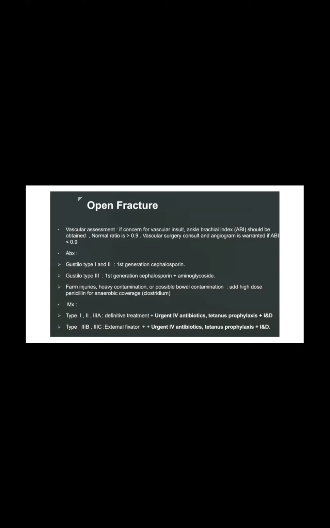For types 1, 2 and 3A, definitive treatment is urgent IV antibiotic, tetanus prophylaxis and irrigation and debridement. Types 3B and 3C need an external fixator with urgent IV antibiotic, tetanus prophylaxis and irrigation and debridement. Remember, types 3B and 3C are very life-threatening and complicated, because there is an open fracture with heavy bleeding, a highly injured, high energy fracture.